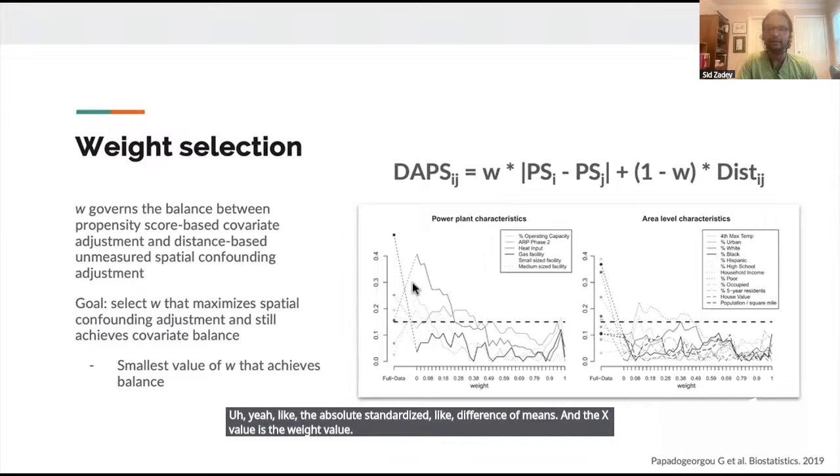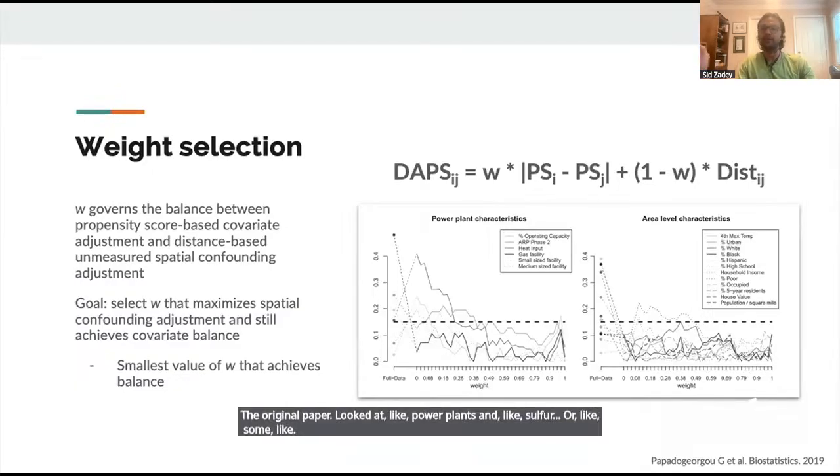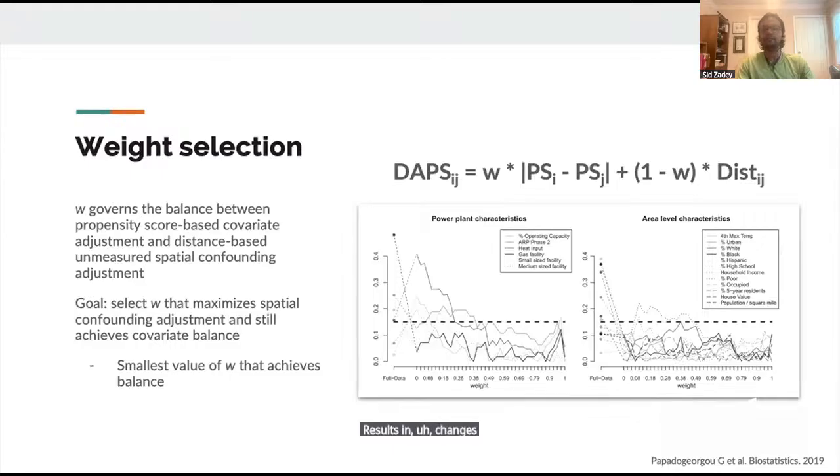Each line here represents a covariate. The original paper looked at power plants and sulfur, or some environmental exposure at power plants, and how that results in changes in health outcomes among people living near the power plants.